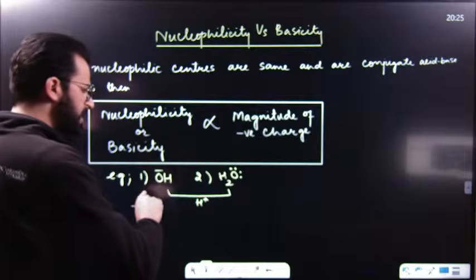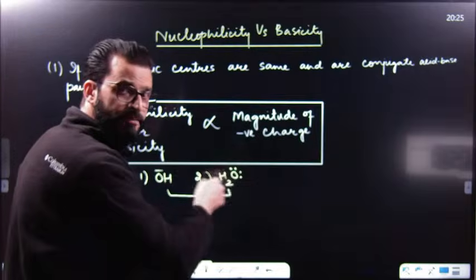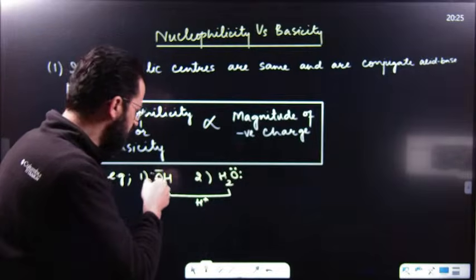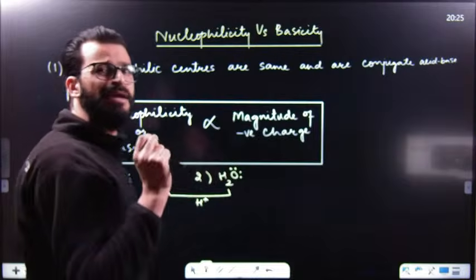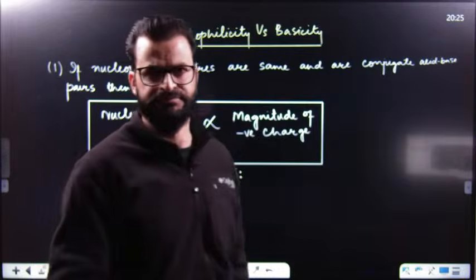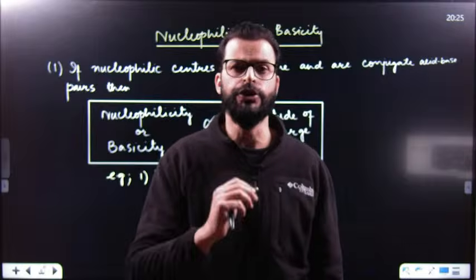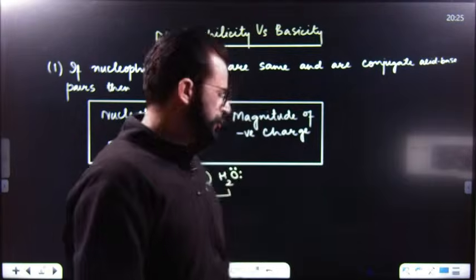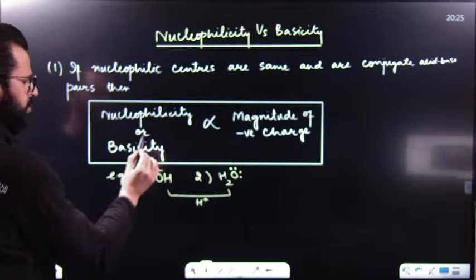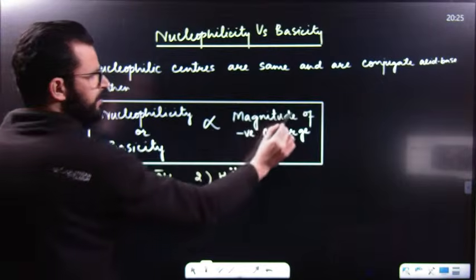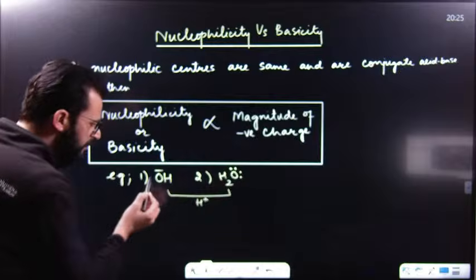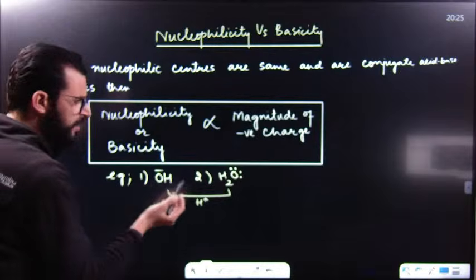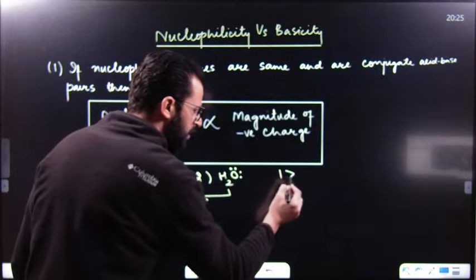Remember, if one is negatively charged, another is neutral, both are conjugate acid base pairs and both are having similar nucleophilic center, then that nucleophile whose negative charge is more is the stronger nucleophile. Nucleophilicity is directly proportional to magnitude of negative charge. Where magnitude of negative charge is more, it's 1, so I can write 1 greater than 2.